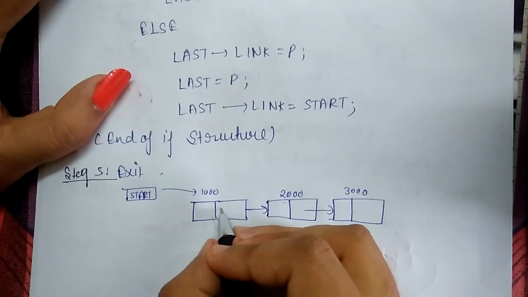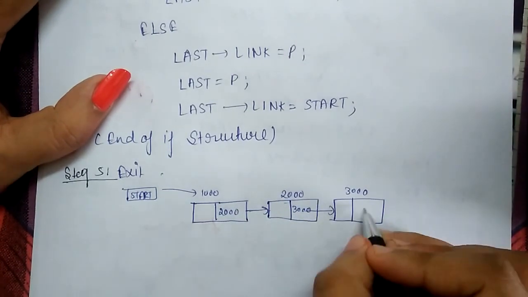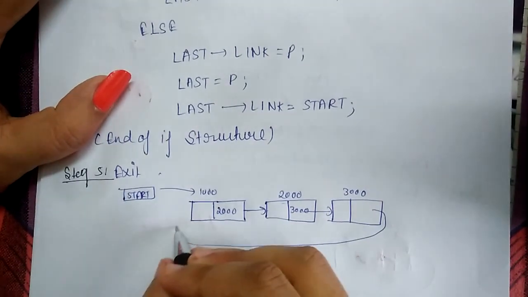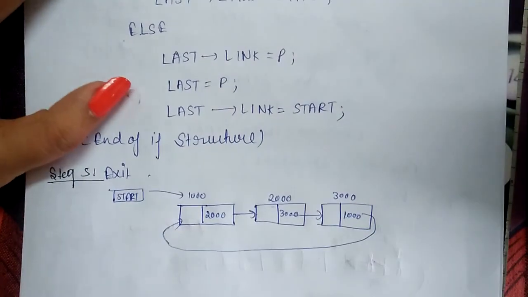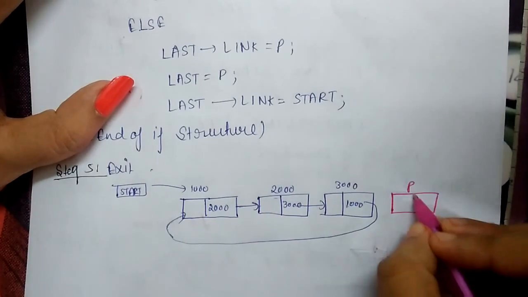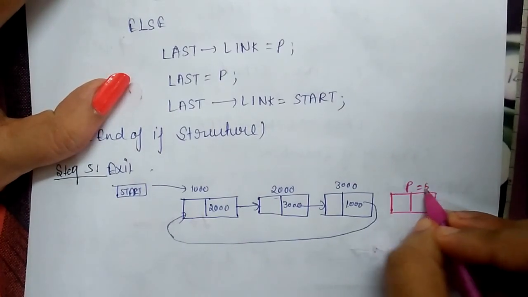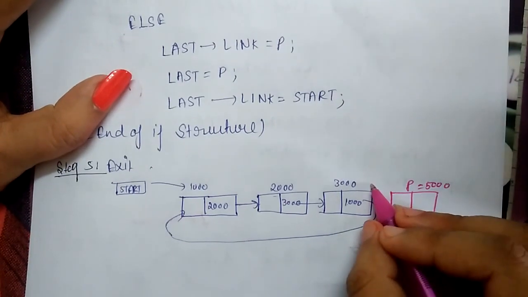These contain the address of the next, that is 2000, then 3000, and the last will contain the address of the starting node, that is 1000. Now I want to insert a new node P with address 5000 at the end.